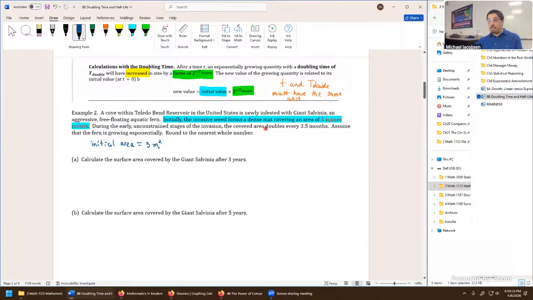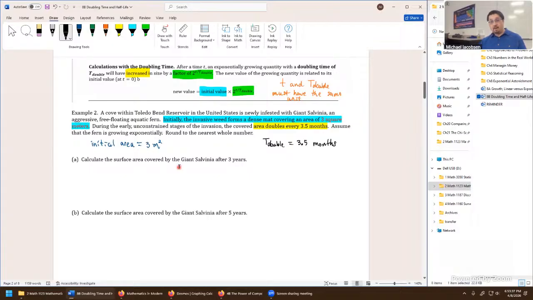We're also told that there's a doubling time. It doubles every 3.5 months. So in our formula above, the way that's formatted is just T double is 3.5 months. Okay, so with that information there, really what this question is all about is calculating the new values.